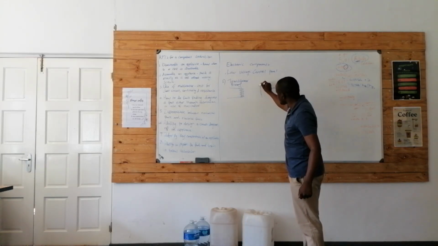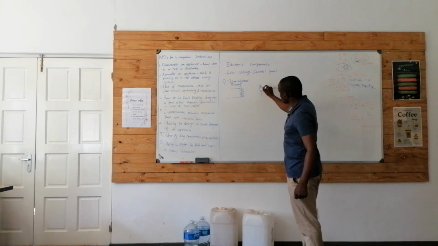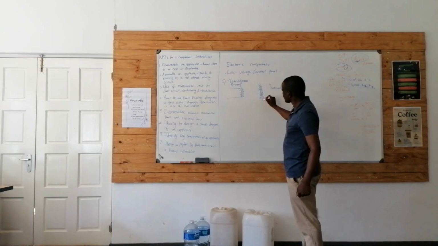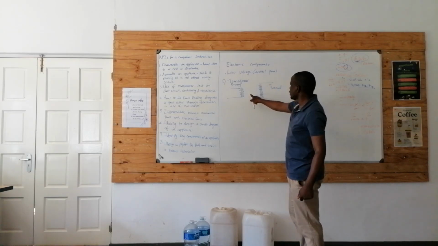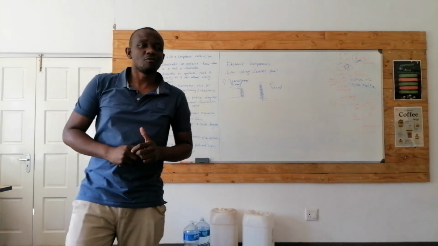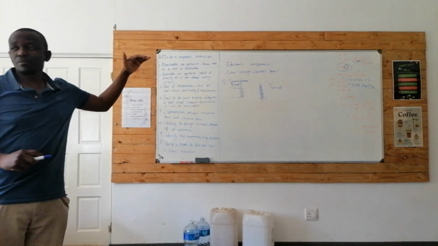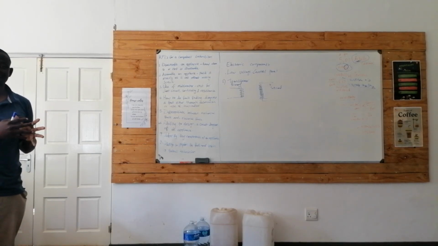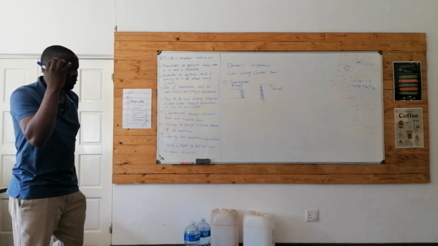When it comes this side, there's more of this. So what do you think this kind of transformer is? Is it a step up or a step down? Step down.